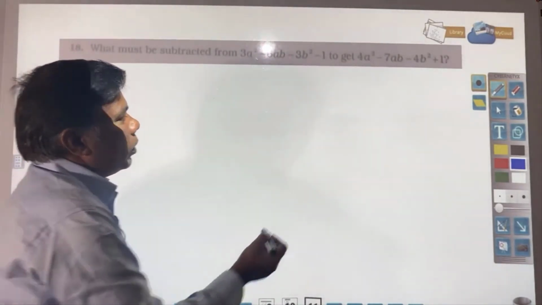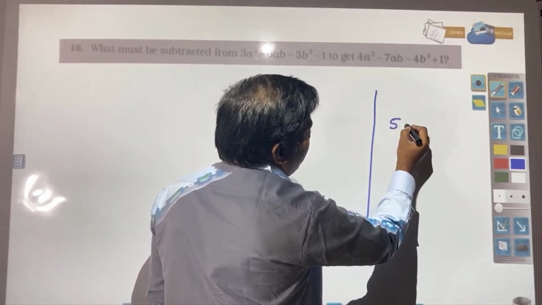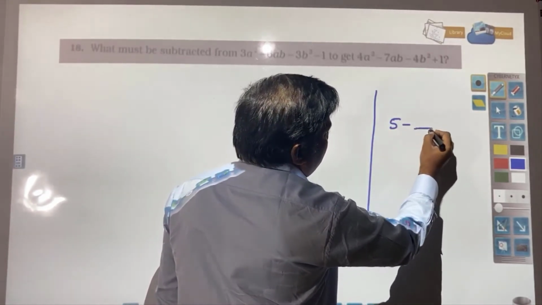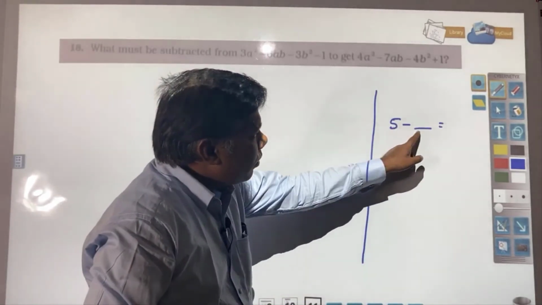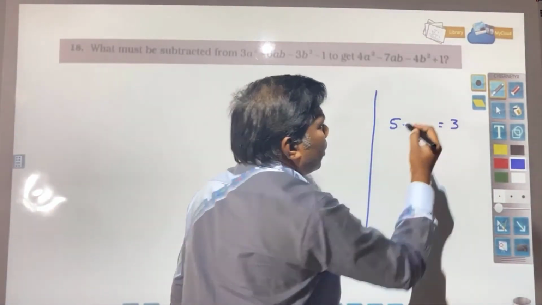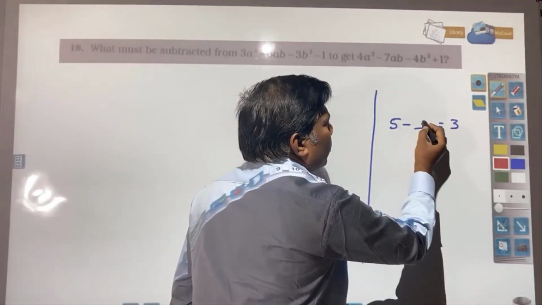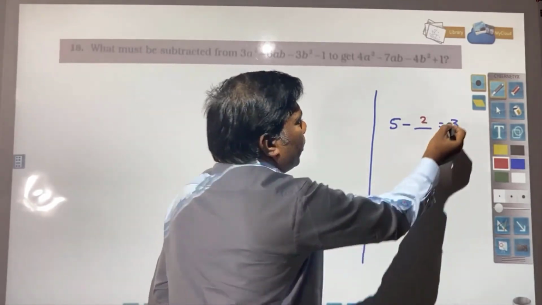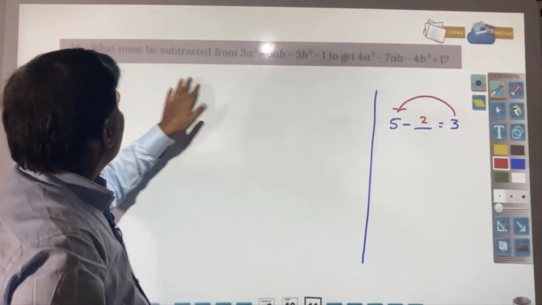If suppose your question would be, what will be subtracted from 5 to get 3? What we would do, what will be the answer? Your answer will be 2. But how will you get? If this number will be subtracted from 5. The same thing we will do over here.